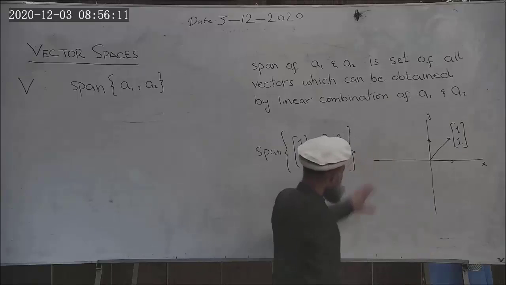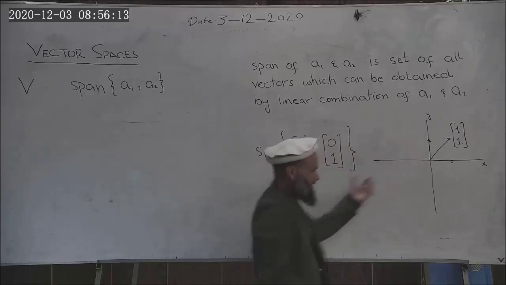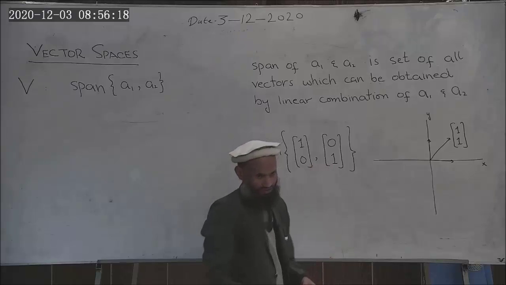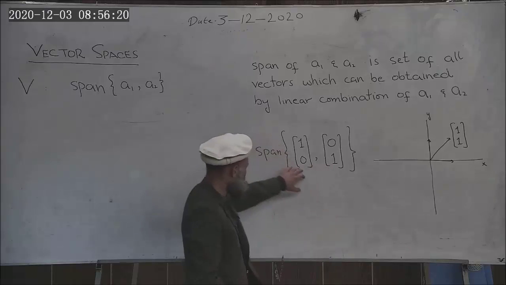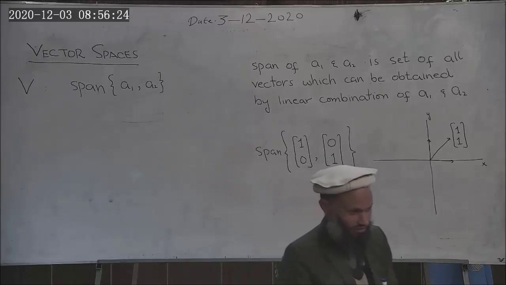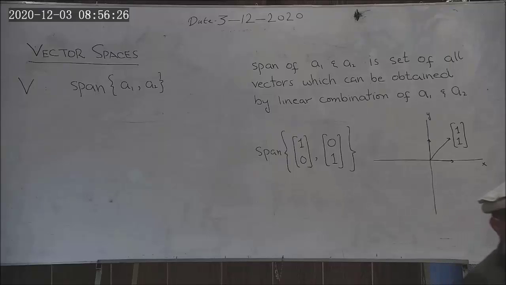So any vector in this R2 can be obtained by linear combination of these two vectors. So the span of these two vectors is the same vector space R2. Is it clear, span? Span of two vectors is the set of all vectors which can be obtained by linear combination of those two vectors.